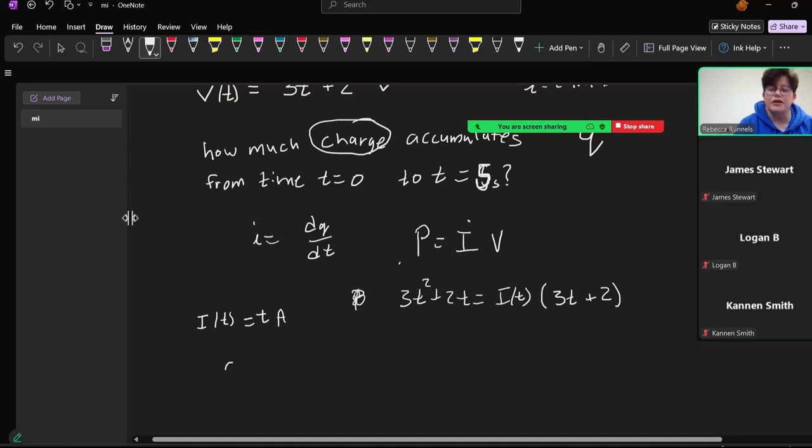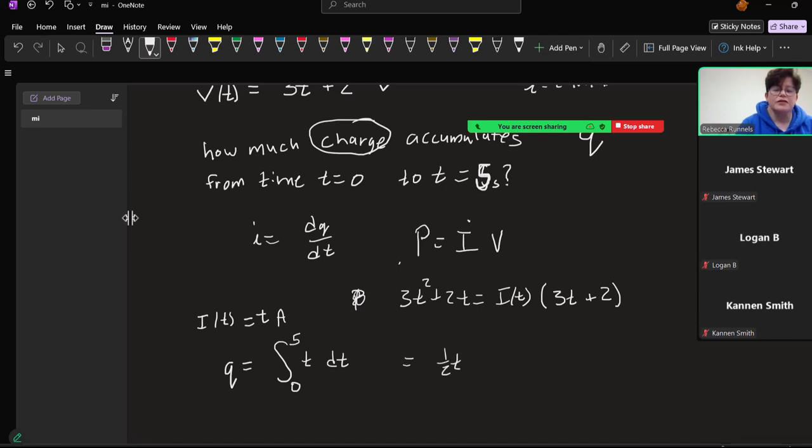So now to find the charge that's accumulated, we will do the integral from 0 to 5 of t dt. So 1/2 t squared from 0 to 5, or 25 over 2, or 12.5 coulombs, which is actually a huge chunk of charge.